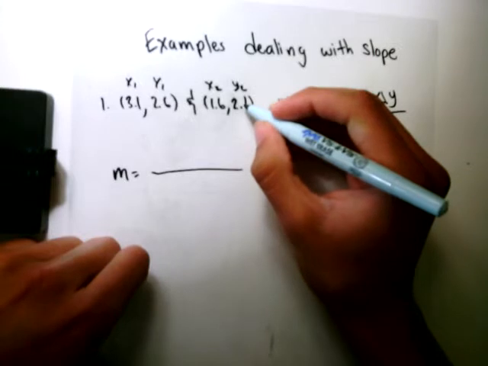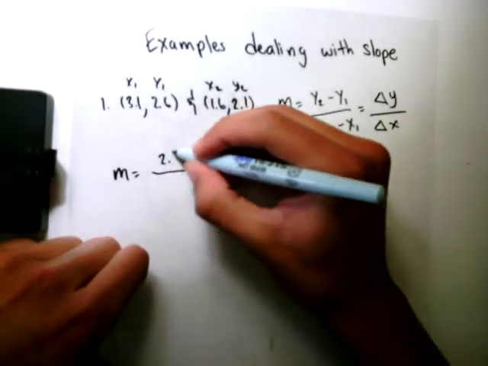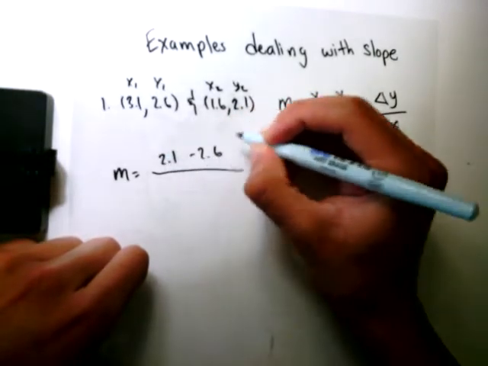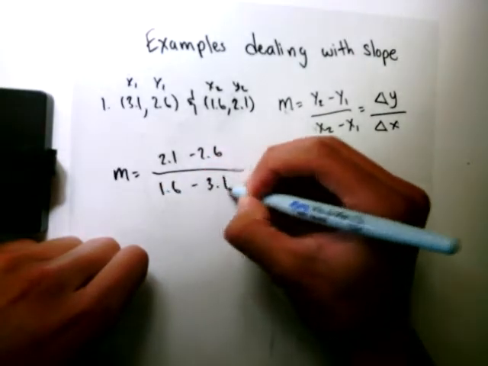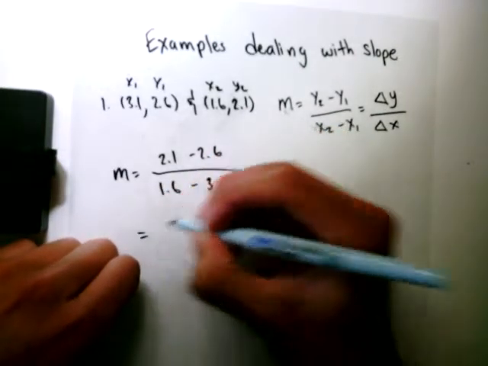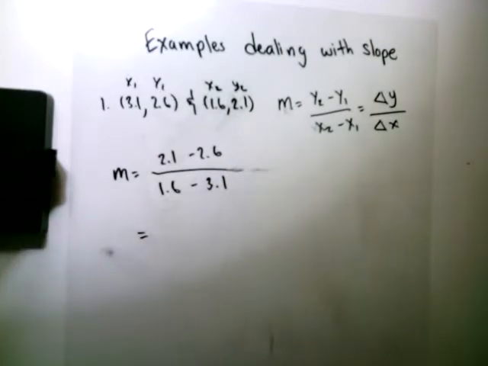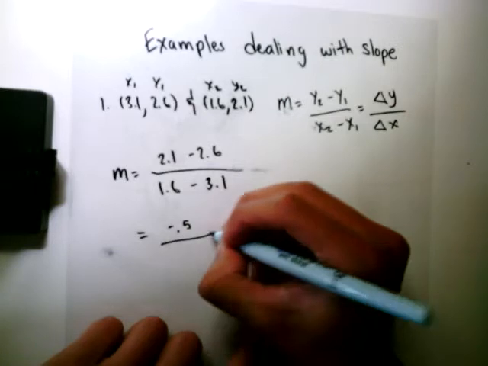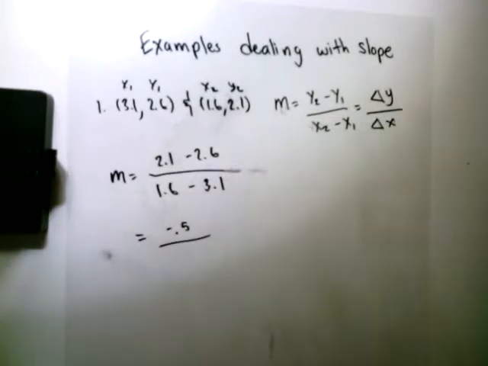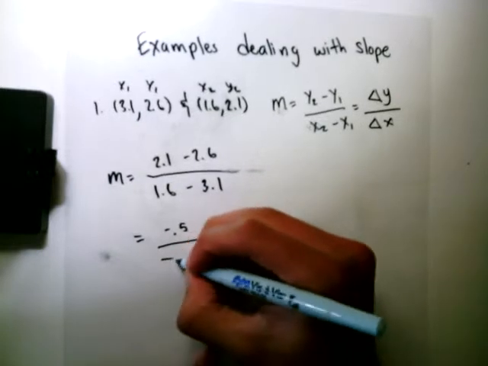So we have y2 minus y1. So this is 2.1 minus 2.6 over 1.6 minus 3.1. So 2.1 minus 2.6 gives us -0.5, over 1.6 minus 3.1, which gives us -1.5.